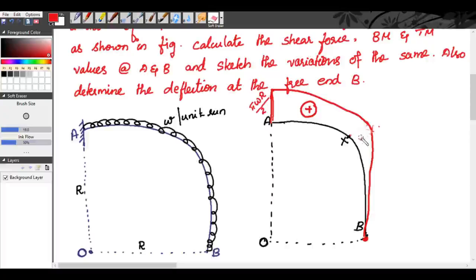At X, this distance is W R theta. See, this is actually curved, not a straight line. This is a curved line.